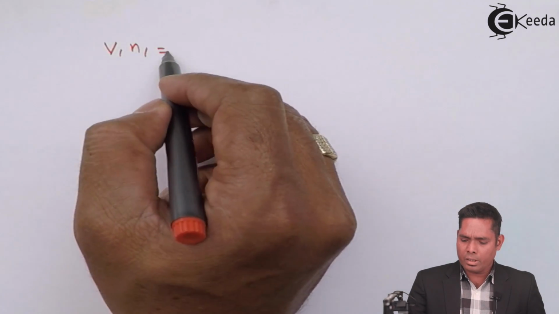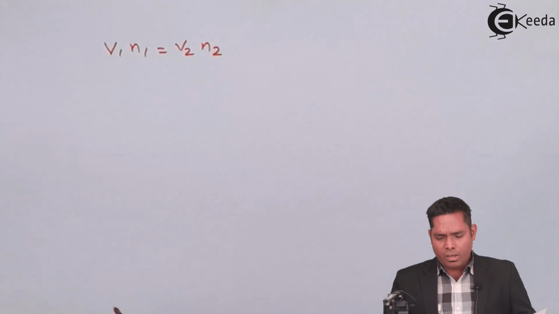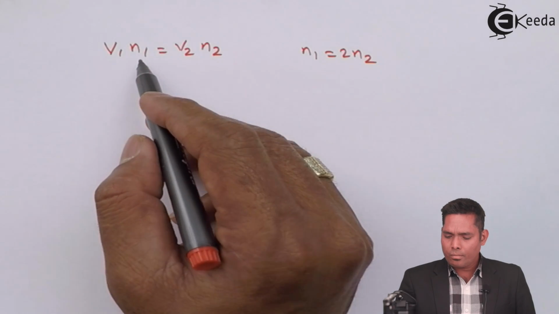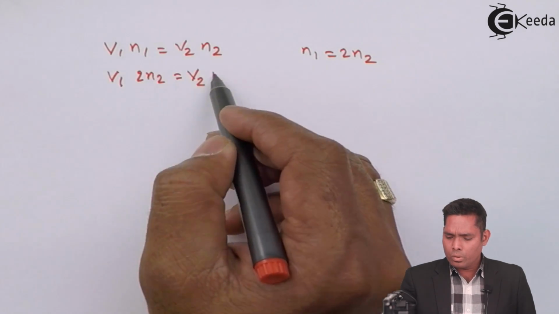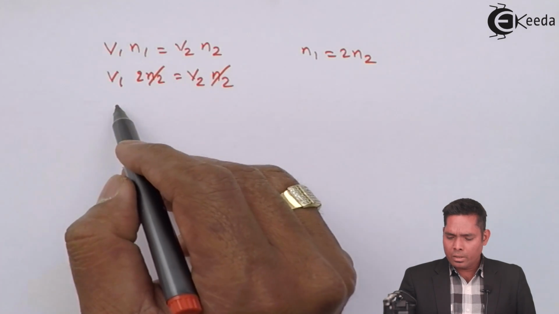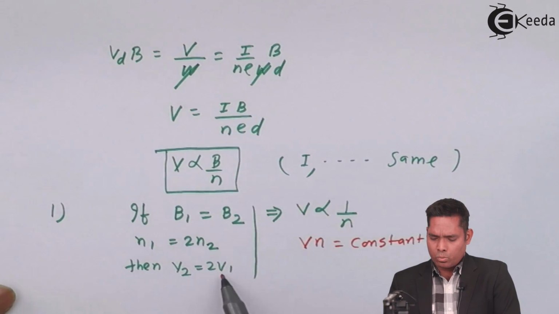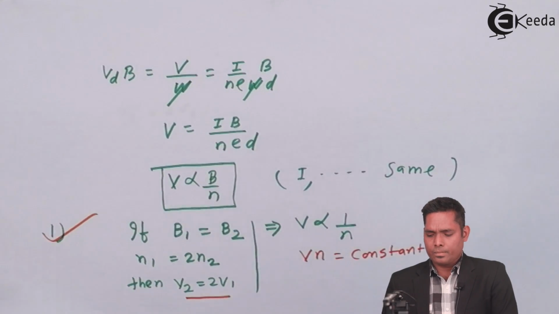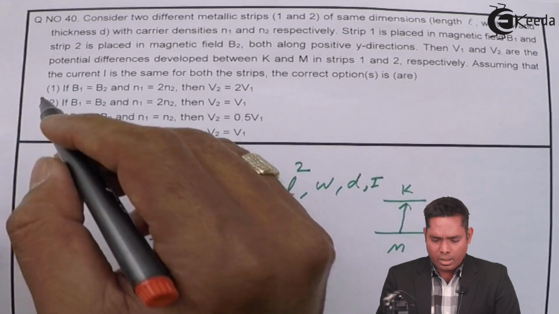In the option it is given that N1 is 2N2. If I substitute that, N2 will cancel, and V2 is 2V1. This is what is given, so option number 1 is correct.